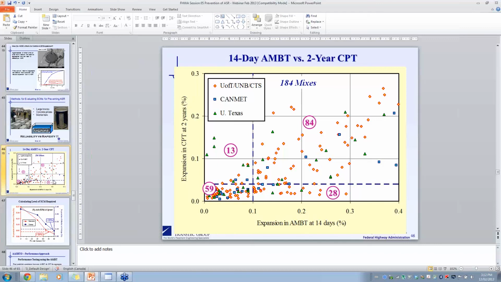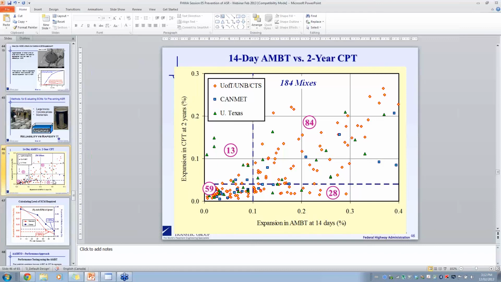There's a number of famous aggregates that will do that, like the Potsdam sandstone. By crushing the aggregate, you lose the reactive silica that's holding the individual sandstone grains together. So that's another reason. And perhaps the reason we're finding more recently is it may well be a pessimum effect.